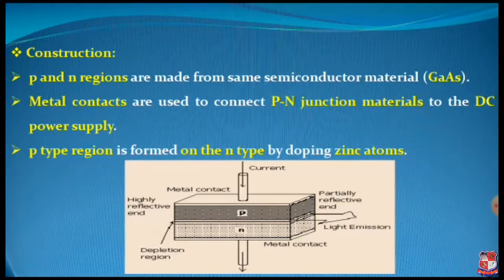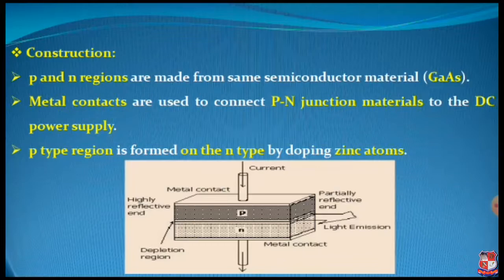In this figure you can analyze the construction of the semiconductor laser, where the topmost material is the P region, the bottom material is the N region, and metallic contacts are attached to both the P and N regions.